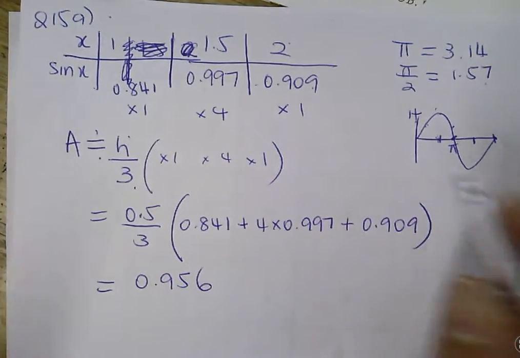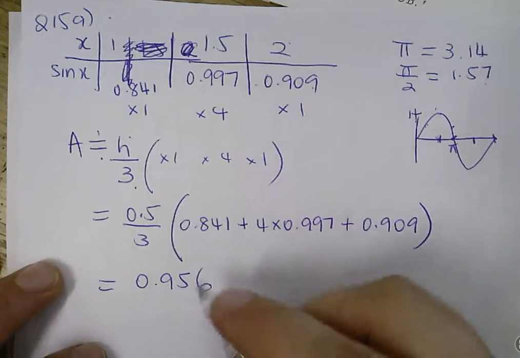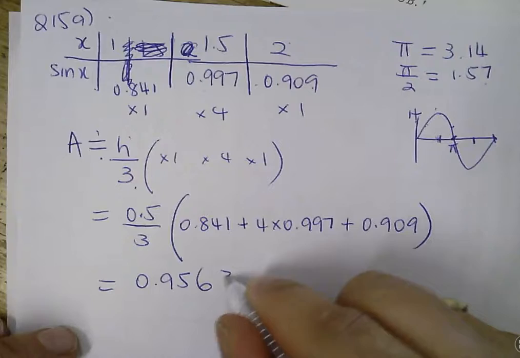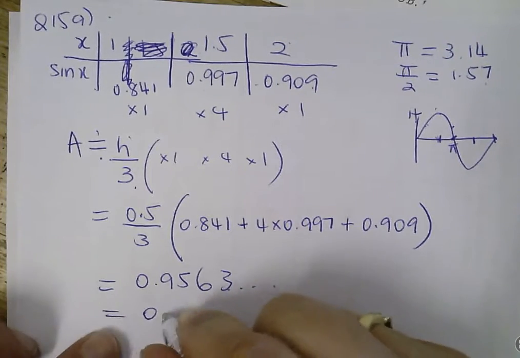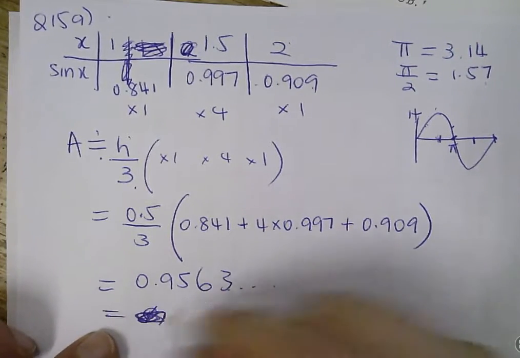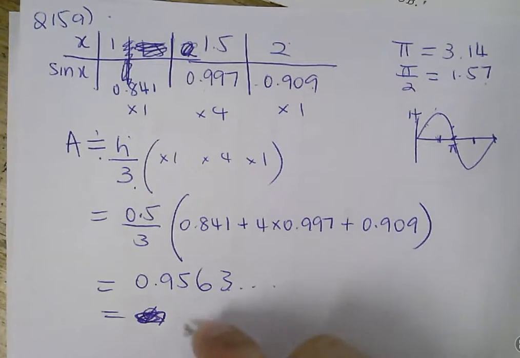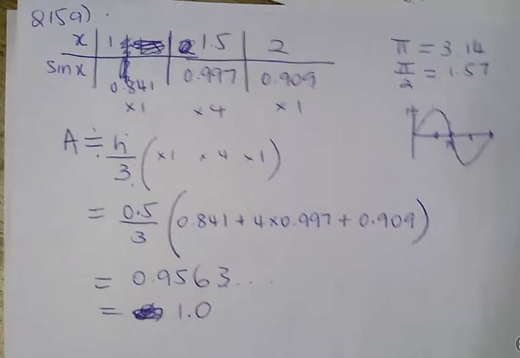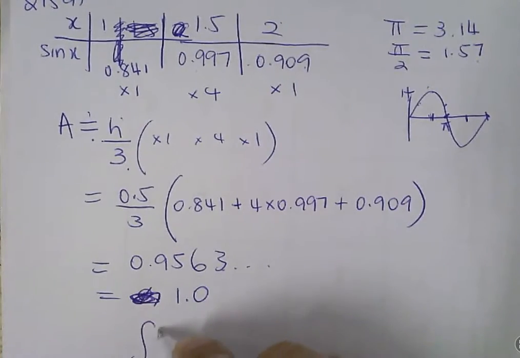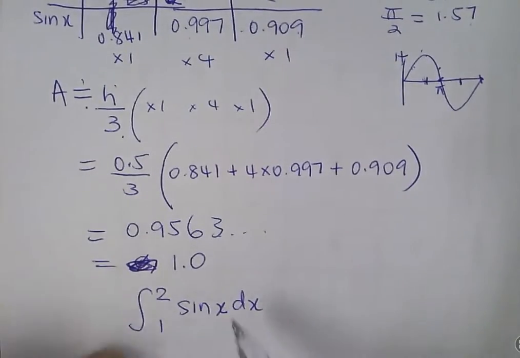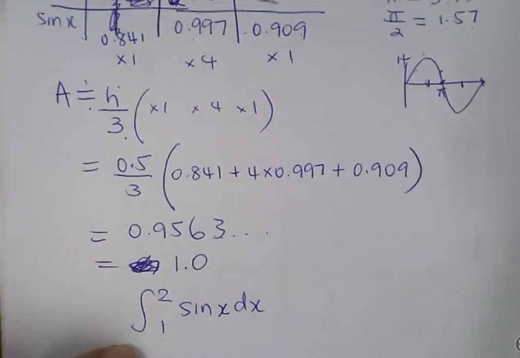Okay, so they just want it to 1 decimal place. What do you get? 1.0. So what they were actually asking you to do was use Simpson's rule to find the integral of sine of x dx between the values of 2 and 1.